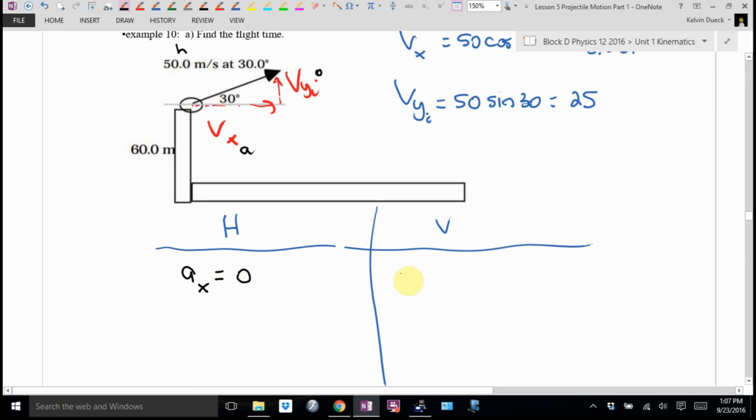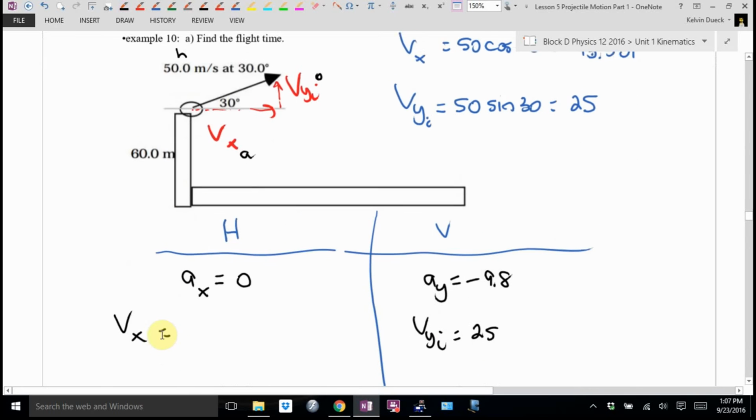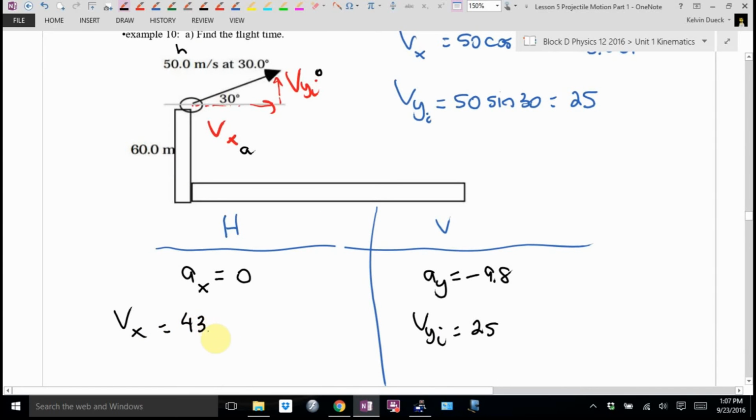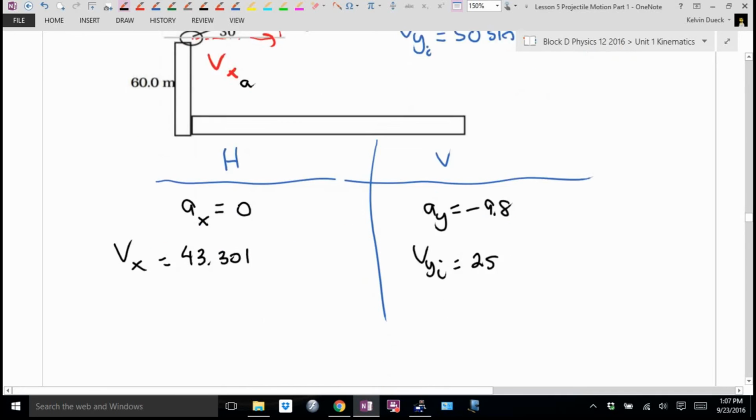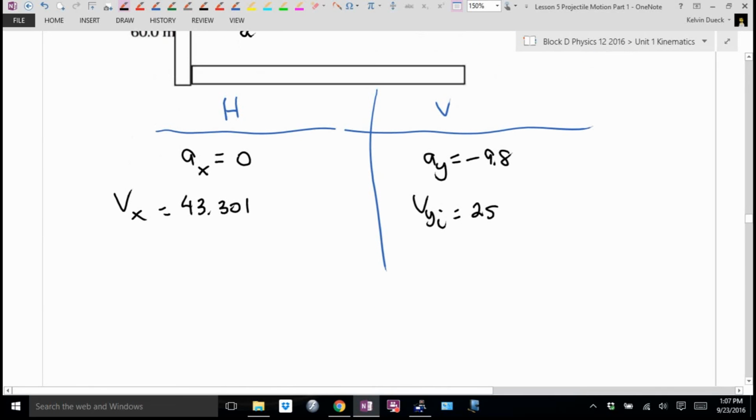AX is 0, AY is negative 9.8. Oh, why don't I drop the components down too? Vy initial is 25. Vx is 43.301. What else do I know from the question?